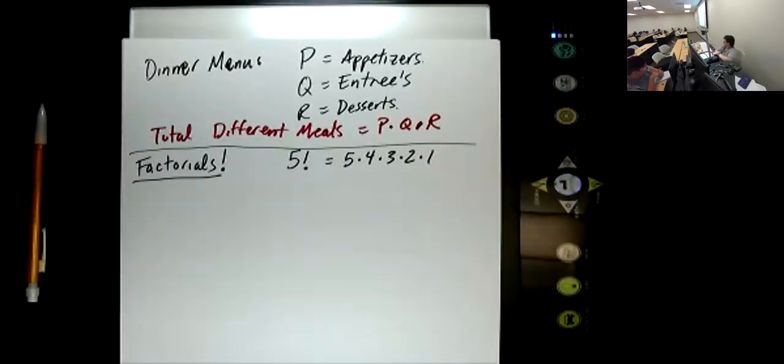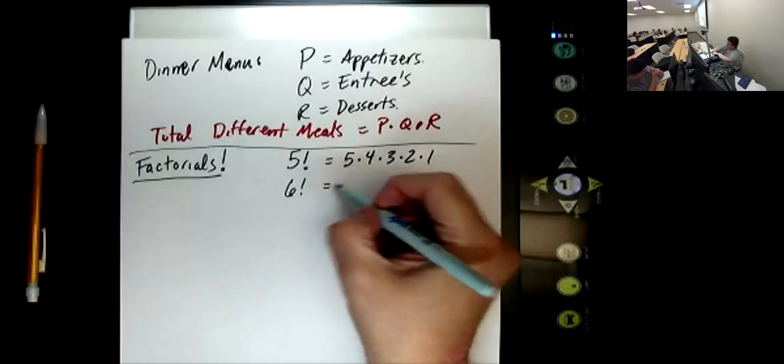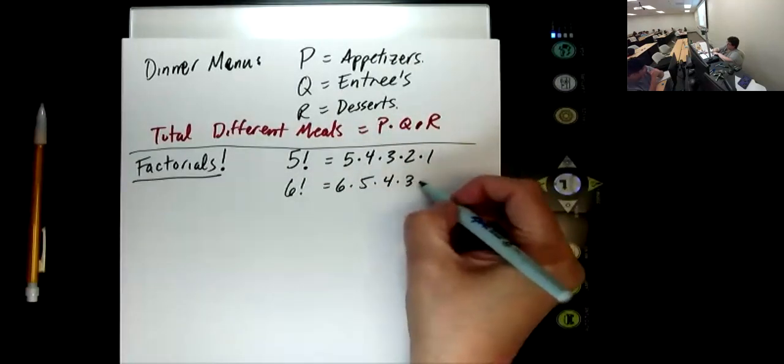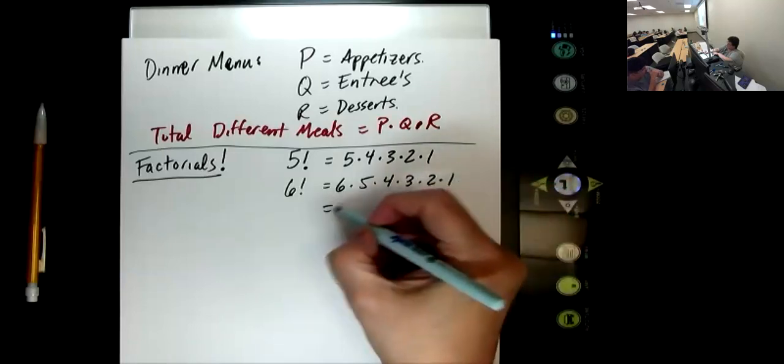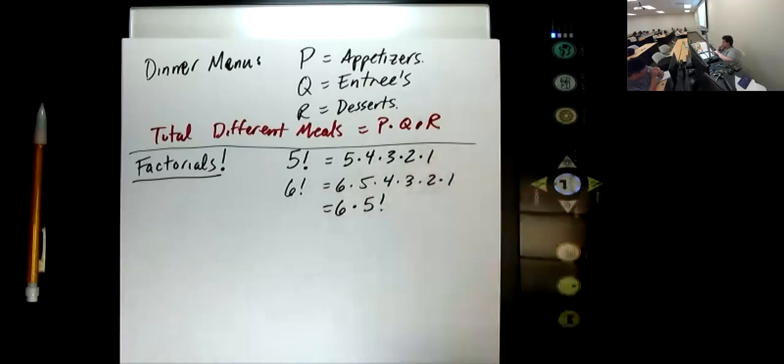Is the pattern self-apparent? You keep multiplying by a decreasing number until you get down to 1. So 6 factorial would just have one more number. You could write 6 factorial as 6 times 5 factorial, for example.